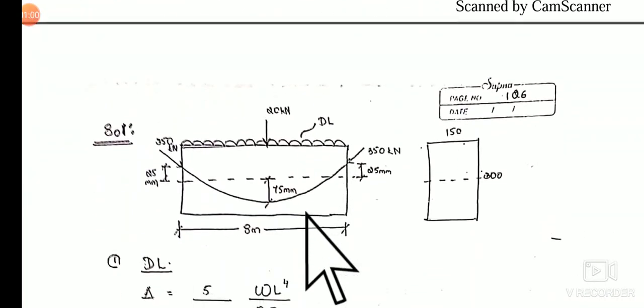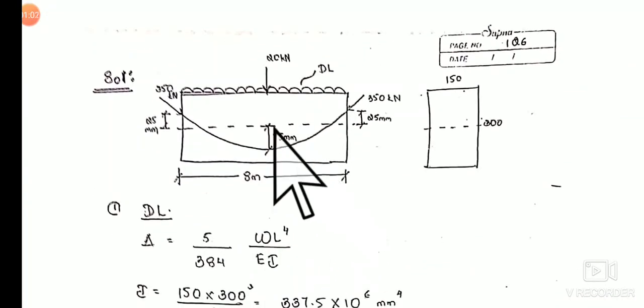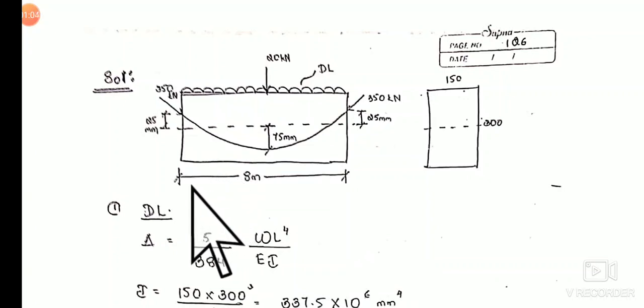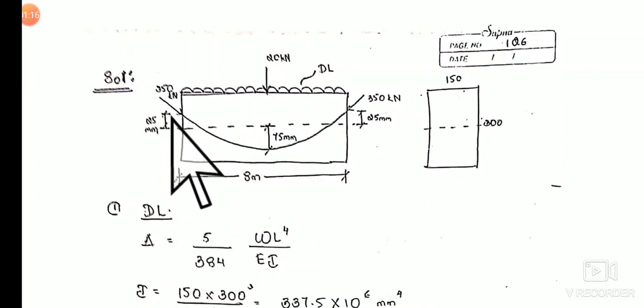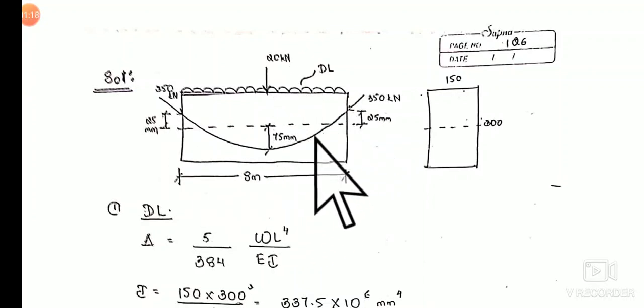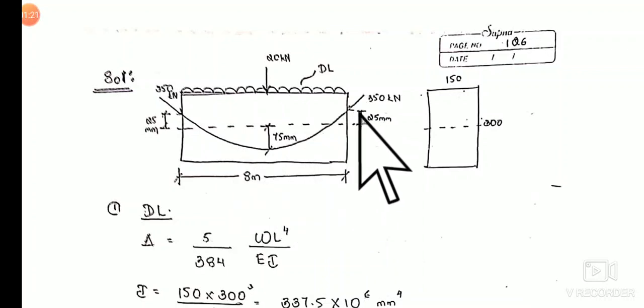Now for this problem we need to write down the sketch. It is a simply supported beam. Span is 8 meter. Dead load will be acting in the form of UDL. Live load is a point load of intensity 20 kN acting at the midspan. Say the cable profile is parabolic. The pre-stressing force in the cable is 350 kN.